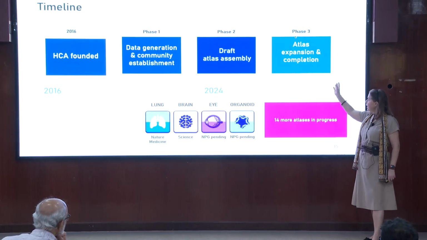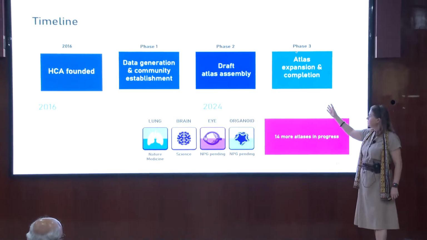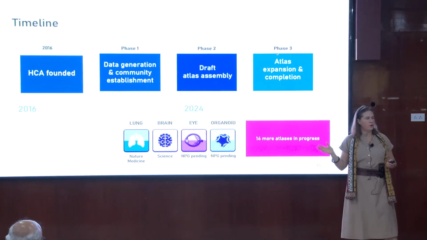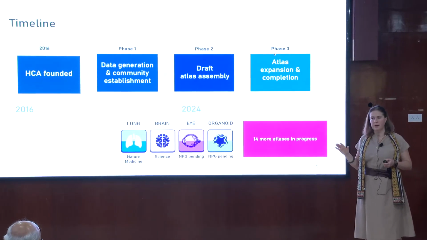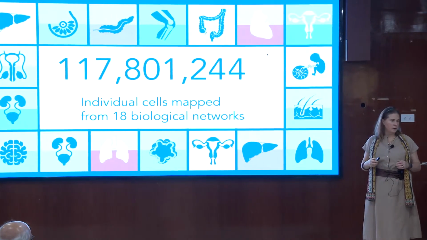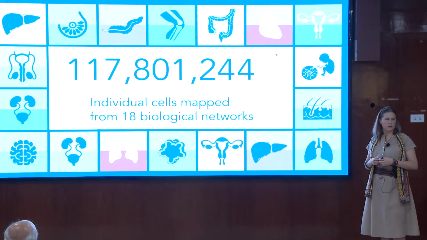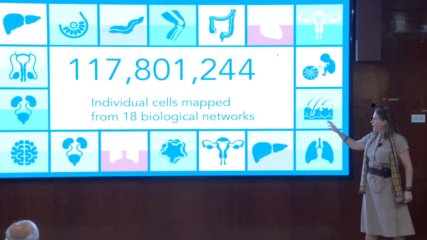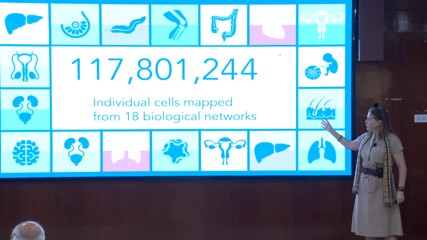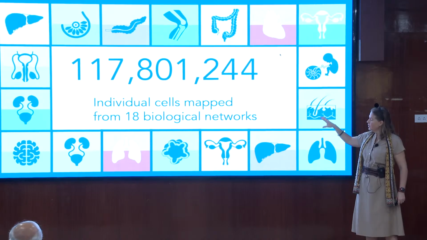And we are now in parallel also entering a third phase where we're expanding the atlas, making more comprehensive data sets and focusing a lot on spatial biology, which, as I've mentioned, is now really entering the exponential phase.